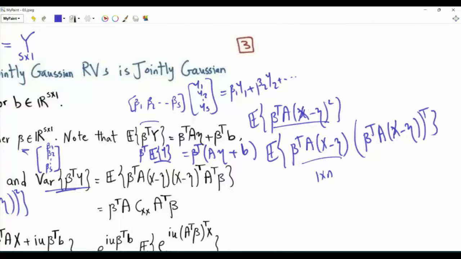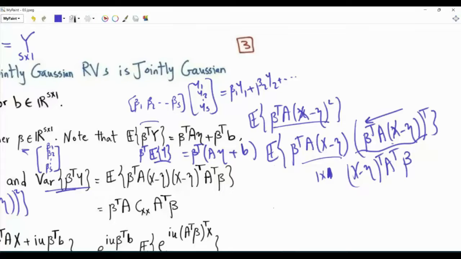Rather than writing this as a square, I will write this quantity as beta transpose A times x minus eta, times itself. But I will write this second copy as beta transpose A x minus eta, all transpose, which again, for a 1-by-1 matrix, the transpose of the matrix is itself. The reason for doing this is that this transpose is x minus eta transpose, then A transpose, then beta. So we read it in this order: x minus eta transpose, A transpose beta.